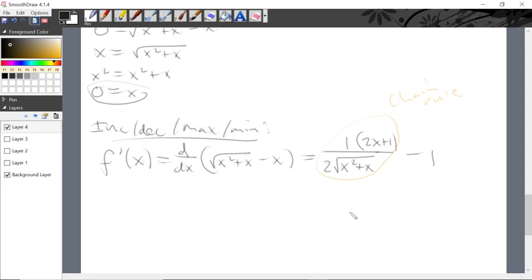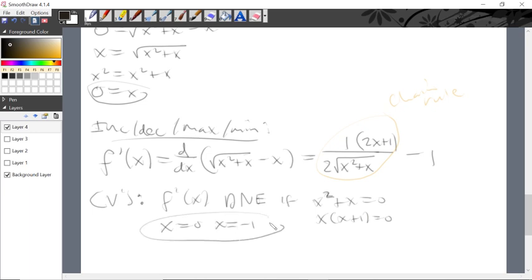Now we should establish the critical values. Let's look where it doesn't exist. F prime of x does not exist if this denominator is 0. That would be anywhere where x squared plus x is equal to 0, where x times x plus 1 equals 0. So f prime of x does not exist if x is equal to 0 or x is equal to negative 1.